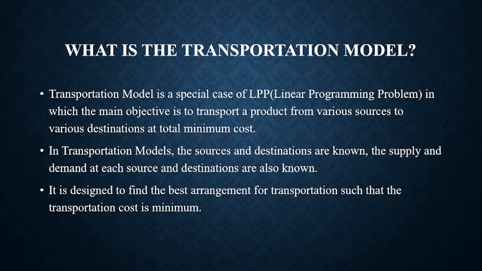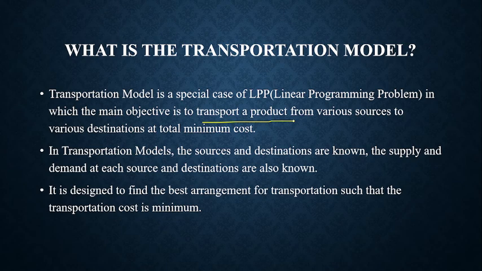Transportation model is a special case of the linear programming problem, in which the main objective is to transport a product from various sources to various destinations at total minimum cost.